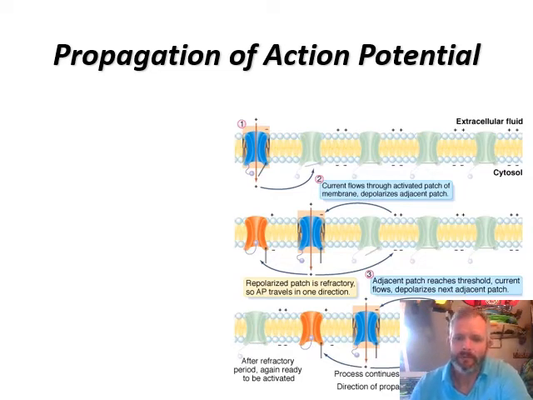Okay, and that is because we're going to re-up the signal basically every stretch of the way on the axon. So this movement of the action potential down the axon is going to be called propagation. Okay, so that's propagation. And how does this take place?